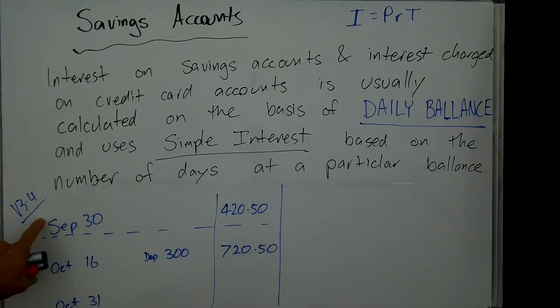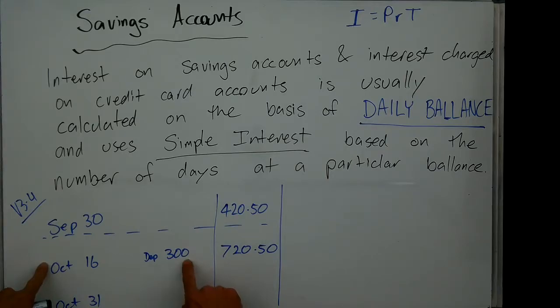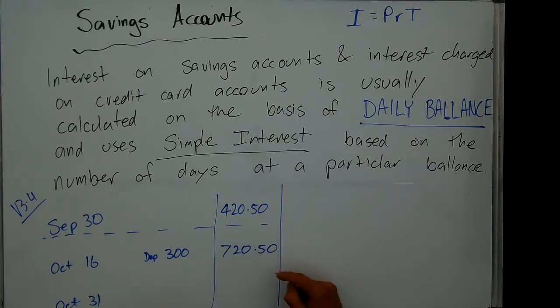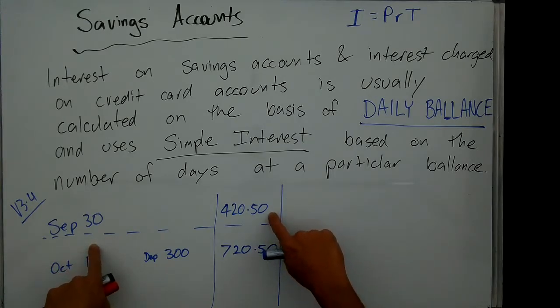So we're going to count how many days between here and there, and then how many days after a deposit is made on October the 16th. $300 is put into the account, so 300 deposit, I've added that on, and then we're going to work out the interest on this amount for the remainder of the month, and then that would be put into the account on October 31st.